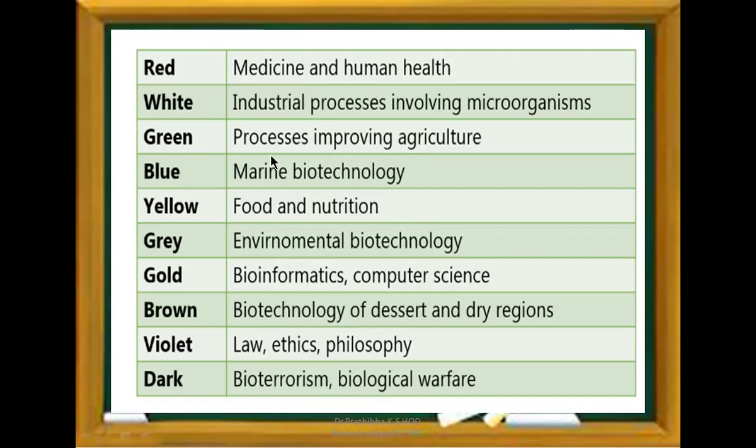Applications of green biotechnology include developing genetically modified crops to enhance yield, pest and disease resistance, improved nutritional value, drought tolerance, and enhanced shelf life. It also includes the use of biopesticides, biofertilizers, and animal breeding for desired traits. So all these come under green biotechnology. I hope you're able to understand here.